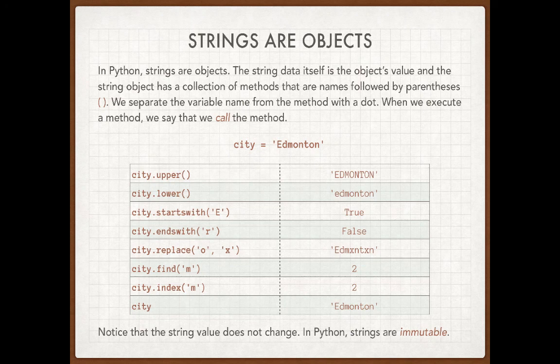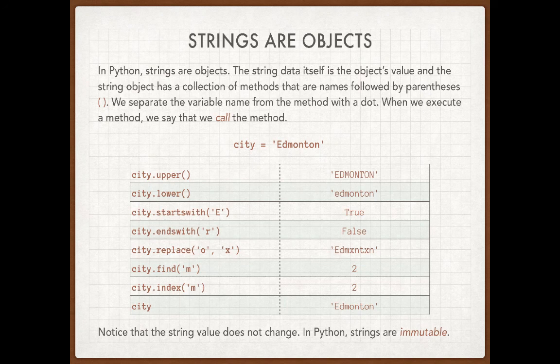I can figure out where in that string is the first occurrence of the letter M. It is in the tooth drawer. So find and index get me to the same place in that regard. But if I ask at the end of all of those processes, what is in the bucket called city, it's still Edmonton. And that's because, as we have seen, strings are immutable.